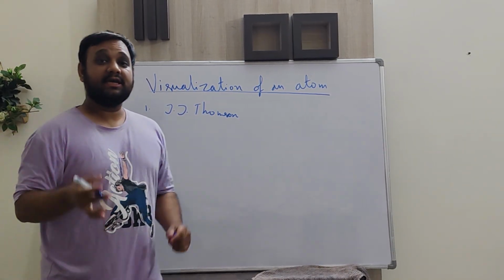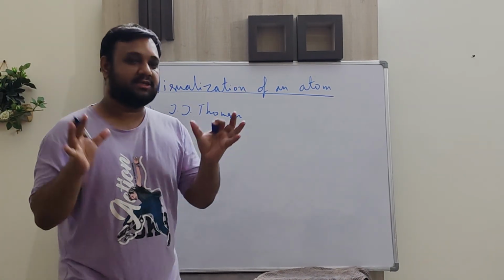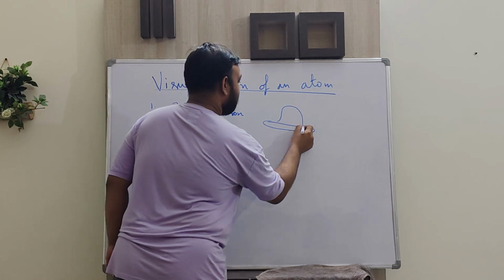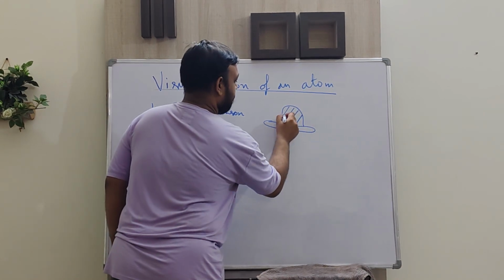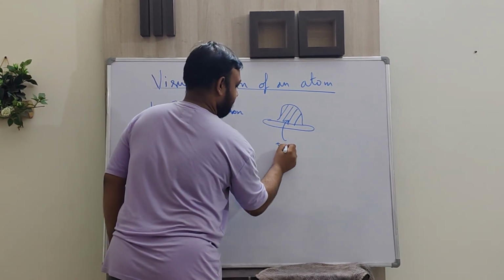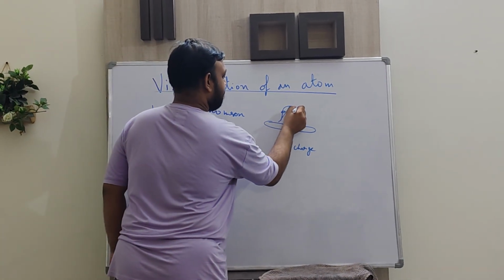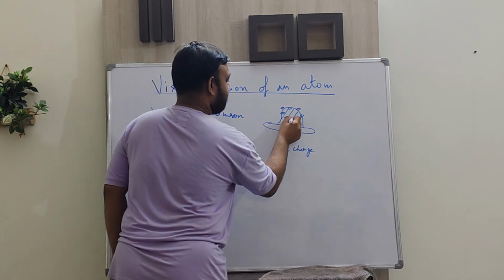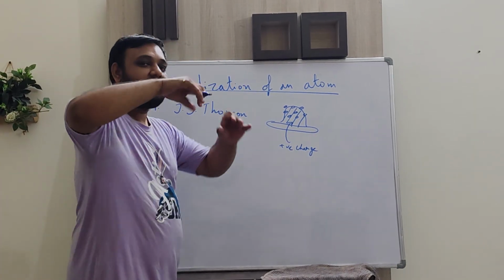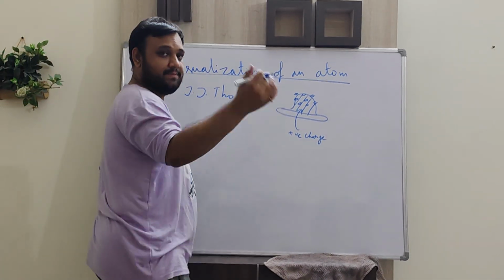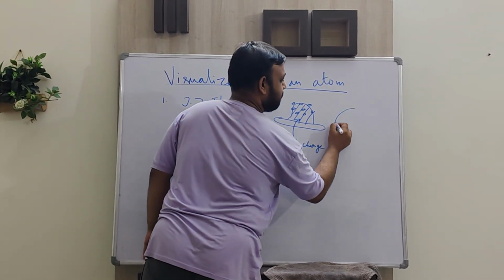What was that? It was kind of a plum pudding situation. We can think of a plate with a pudding which is positively charged, and some negatively charged plums on top of the pudding, or a similar analogy like a watermelon.